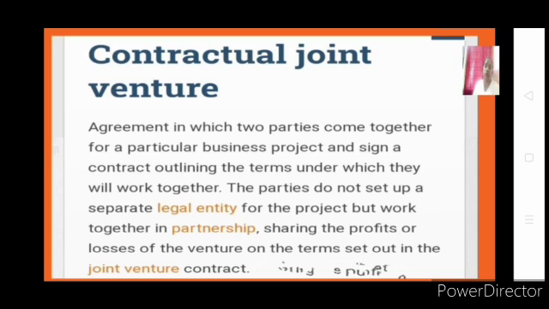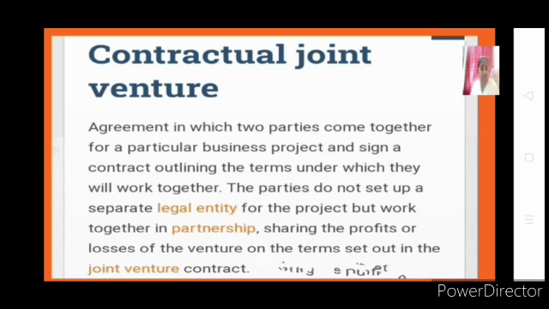I'll take the help of some other construction company. I am in the construction industry, and one of my friends is also in the construction industry. I am company A, my friend is company B, together we enter into a contract called joint venture contract, and we take up that project from the government and lay the roads. What we get from the government for laying the roads, we both distribute.